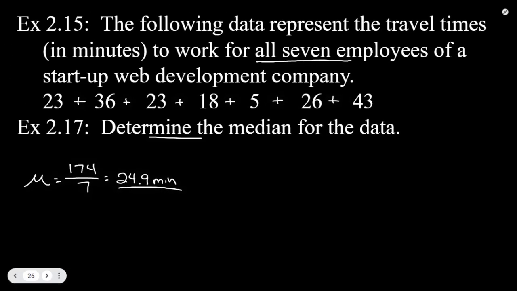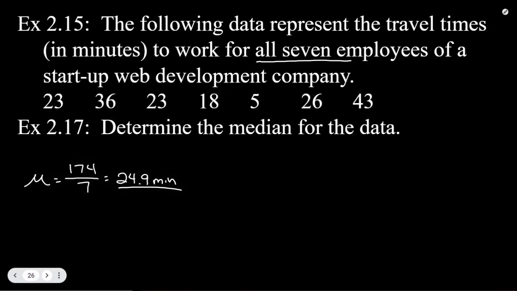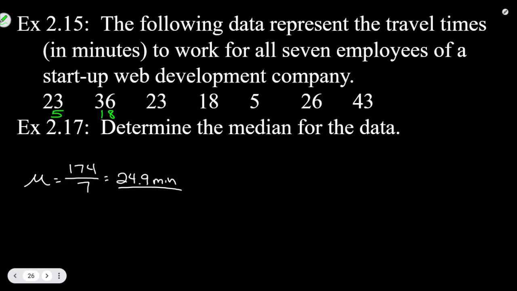Now we're going to determine the median. So in order to determine the median, remember that we want to put these in order. So I'm just going to rearrange them. 5 is our lowest value now, then 18, then 23, 23 again, then 26, 36, and 43.